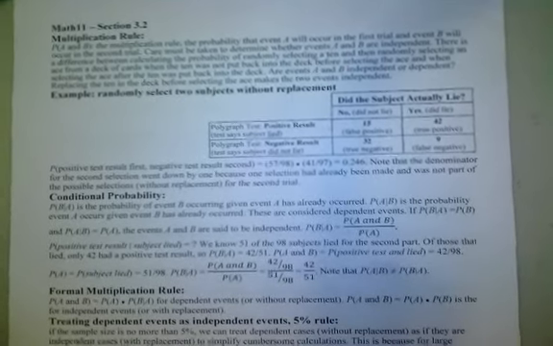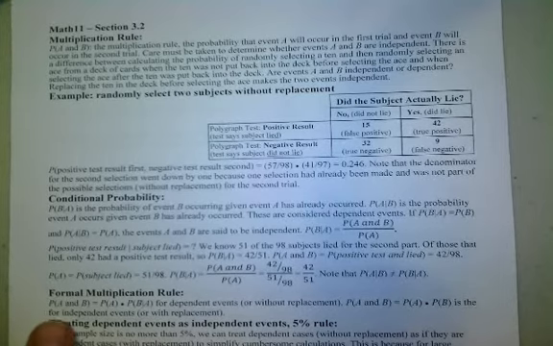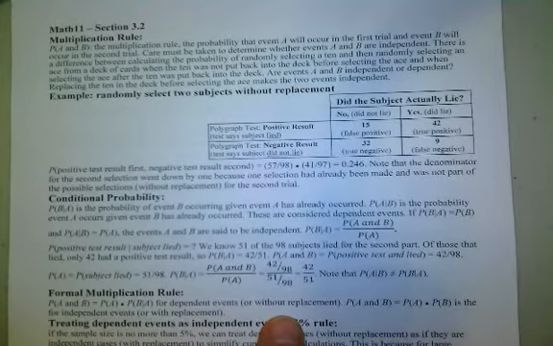So all of that, and really in some respects it's a little bit more complicated looking than it really is, but in all of that we get to what's called the formal multiplication rule. In other words, the probability that A and B will both happen. Well, we write this for dependent events, and another way of looking at dependent events is without replacement.